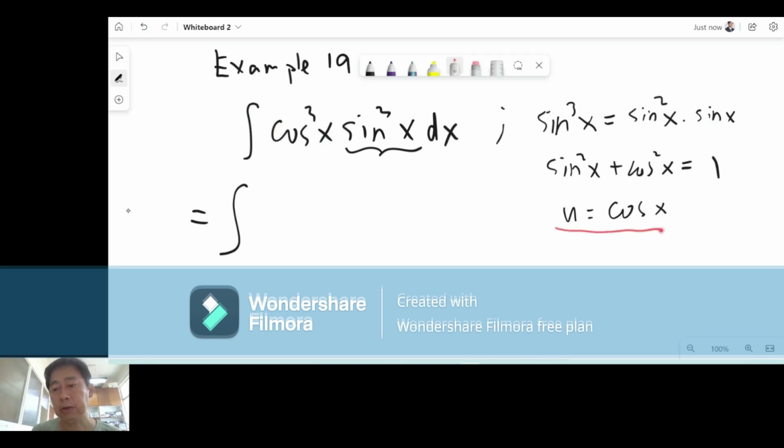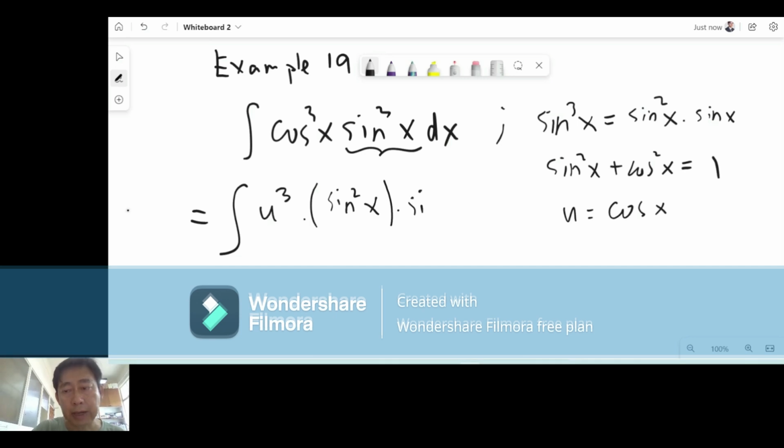In this case, u is chosen to represent cos if you choose to break the sine cube into sine square and sine. With this choice, cos cube is then written as u cube. This expression can be written as this term, which is sine square x times sine x dx.